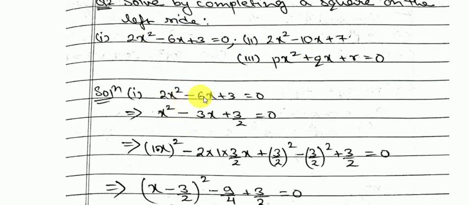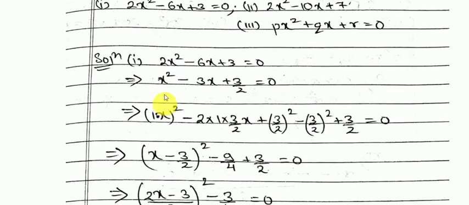So 2x² - 6x + 3 = 0. The coefficient of x² is 2, so you divide throughout by that coefficient. Then you get x² - 3x + 3/2. Now this x² can be written as 1 into (x) whole square.